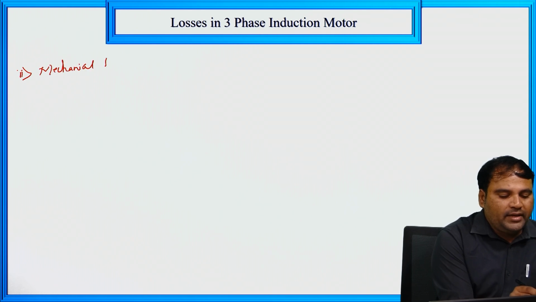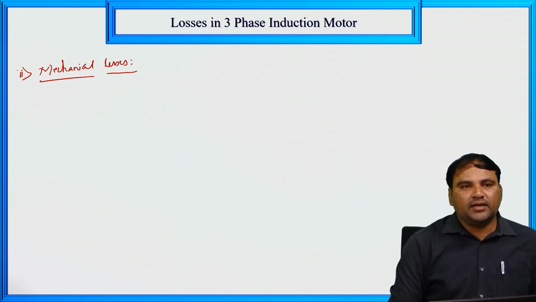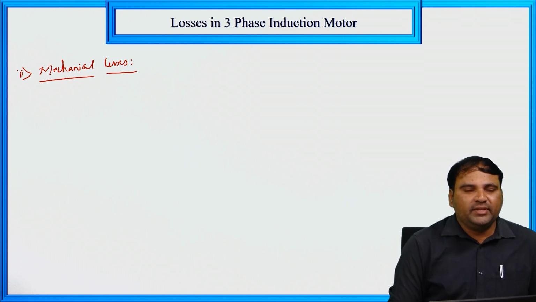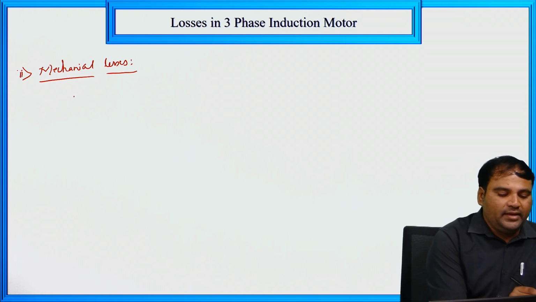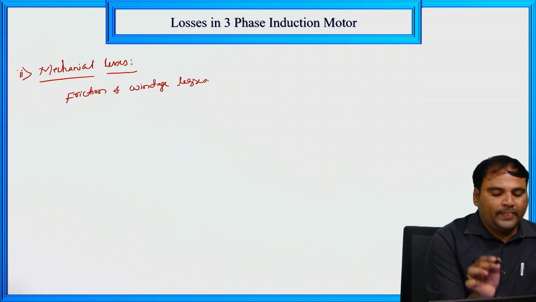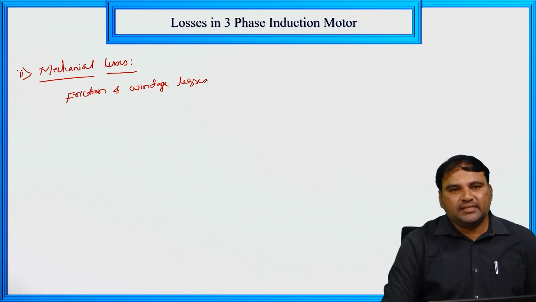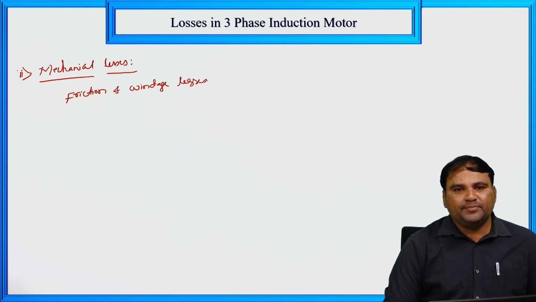Mechanical losses are nothing but the losses which occur at the shaft of the three-phase induction motor, and these losses include friction and windage losses. These are the different types of losses in a three-phase induction motor.